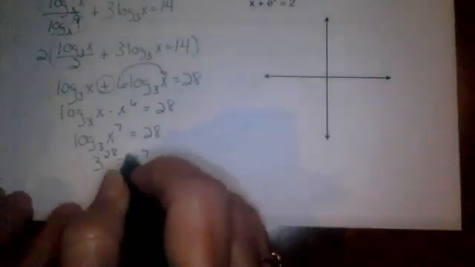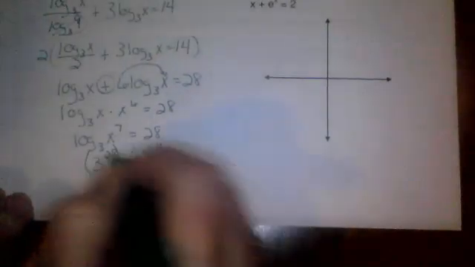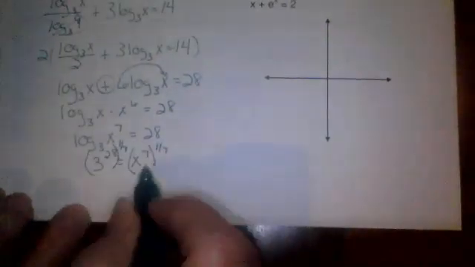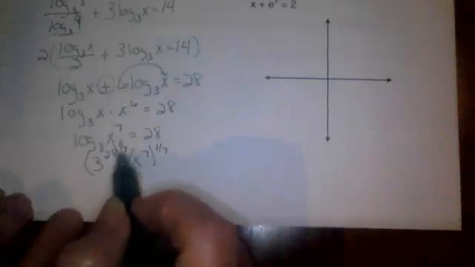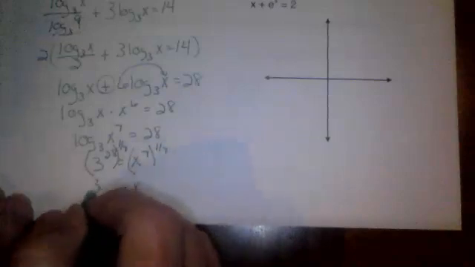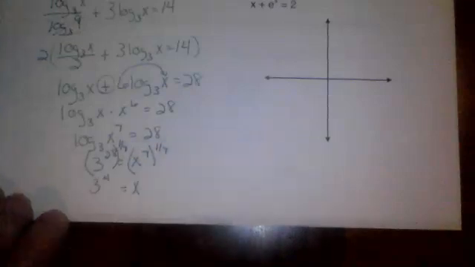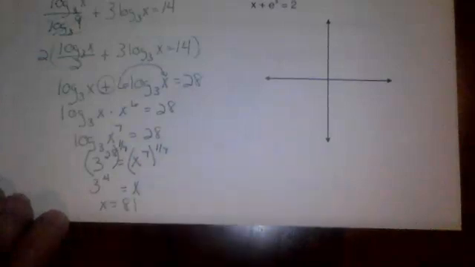However, we're going to need to raise both sides to the reciprocal power, so the 1/7 power. And when I do that, I have x equals, and a power to a power I would multiply, so 28 over 7 is just 4. And 3 to the 4th power is 81.